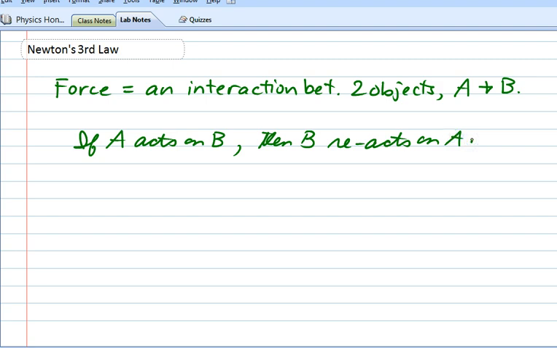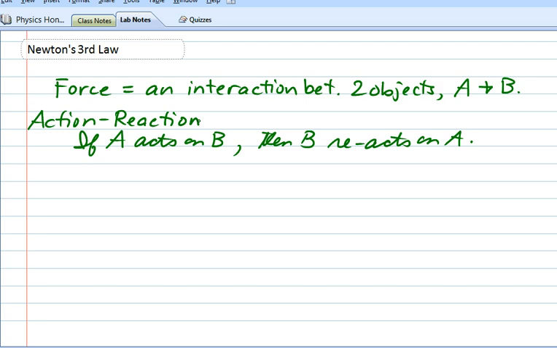This is kind of an old school way to talk about action-reaction. Action used to be the word for force back in the day, if by back in the day we're talking about Isaac Newton and earlier.